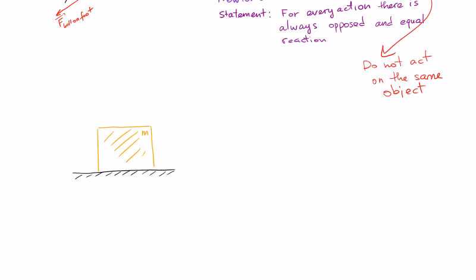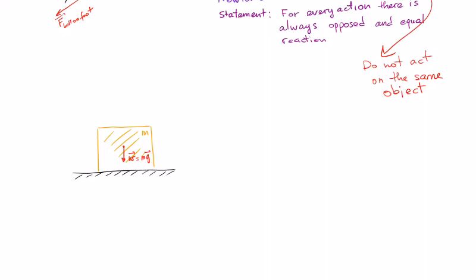The obvious force that acts on a block sitting on this table is the Earth's gravitational attraction, which is exerted by the weight. So we put the weight going down like this, and we already know that weight equals mg. Sometimes we just will drop the w and we'll write mg.